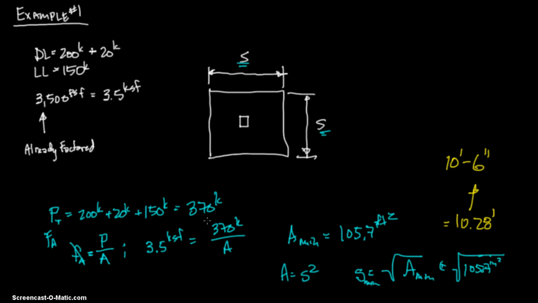And it's 3.36. So actually it's 3.356 KSF is actual, given 10 foot 6 inch sides. Alright, so as you can see, our actual is less than our allowable, so we're good to go. I will see you on example 2.